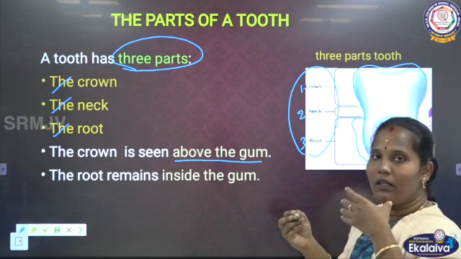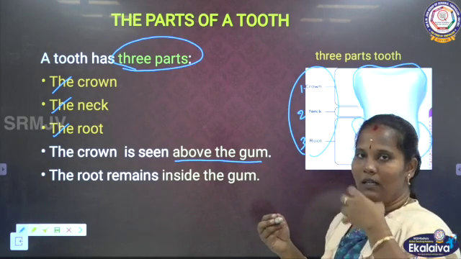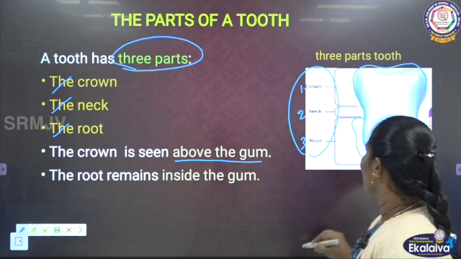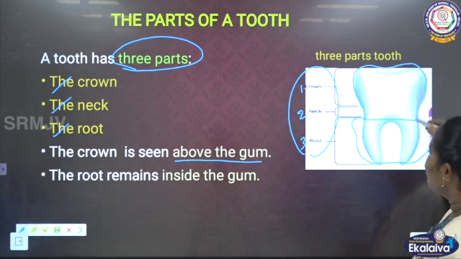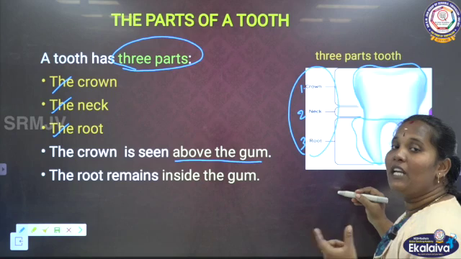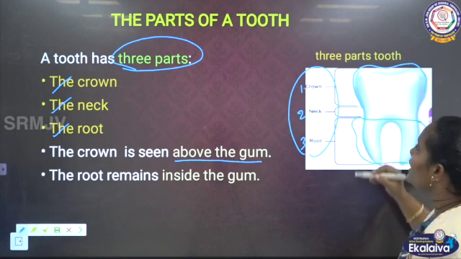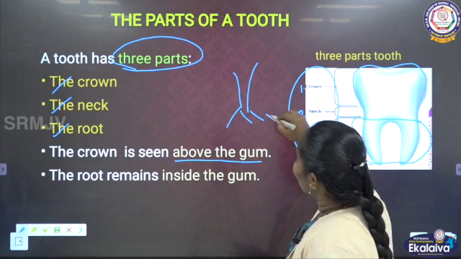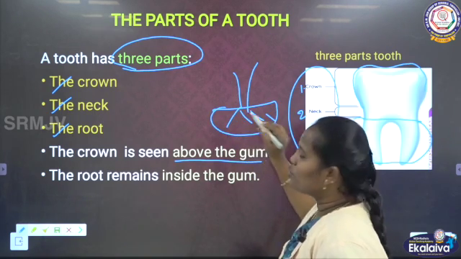The teeth are fixed into the gum. Then the root remains inside the gum. This is the root part. The root part has blood vessels and nerve cells. Think of a tree: this tree has a root, and the root is fixed in the soil.